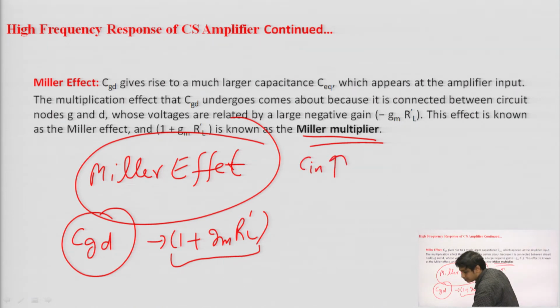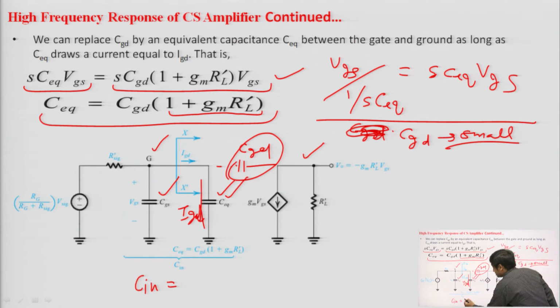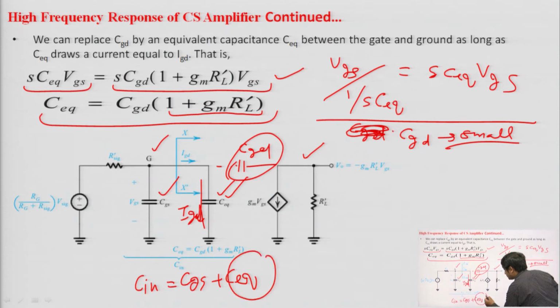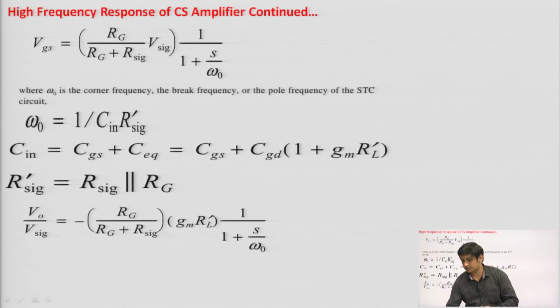You can see from the model, the input capacitance seen will be equal to CGS plus C equivalent. Now, your C equivalent is very high because of the multiplication by the factor 1 plus GM RL dash. So, the input capacitance is increased because of this Miller effect.